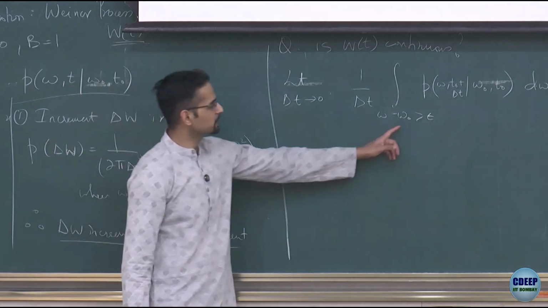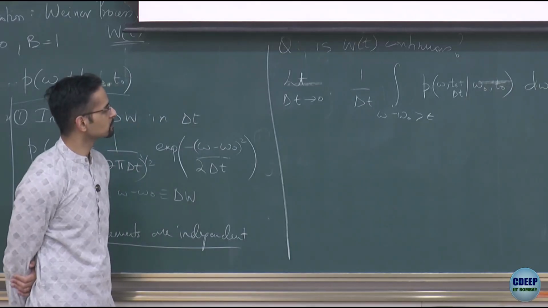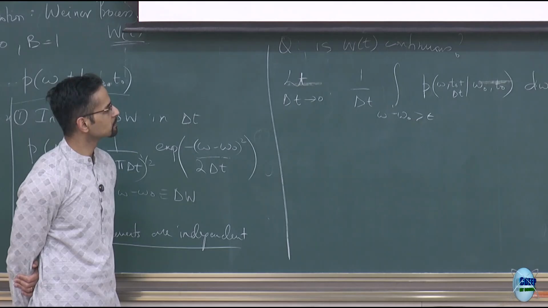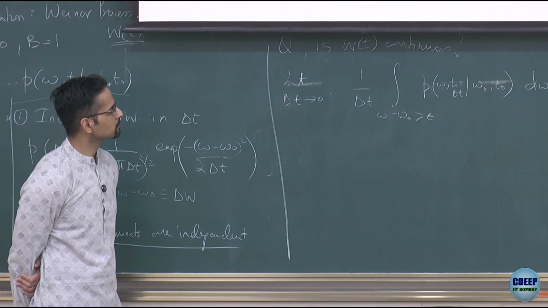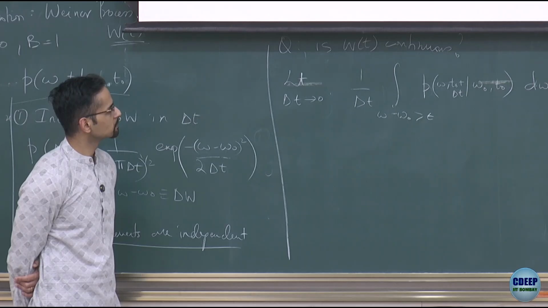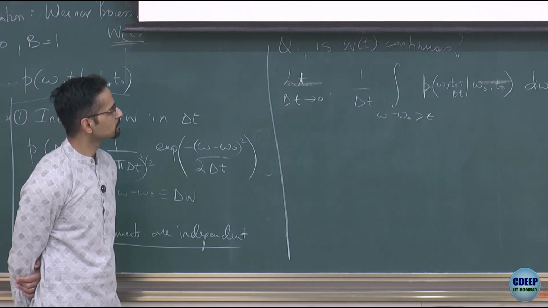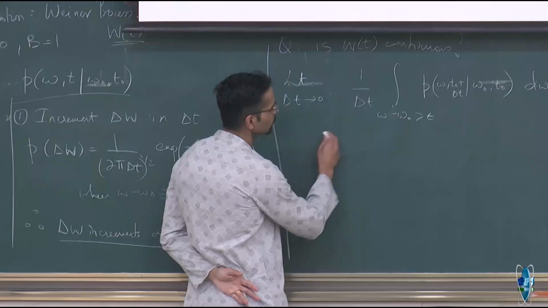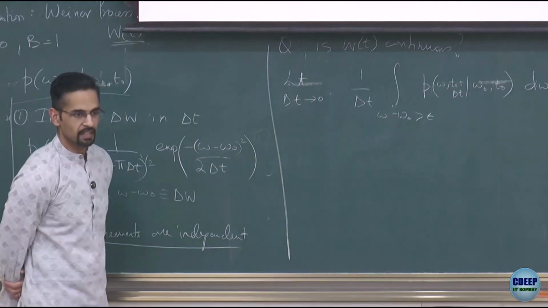And I want to find it for big steps. Okay, now the nice thing is I'm going to take the limit of delta t approaching 0, right?